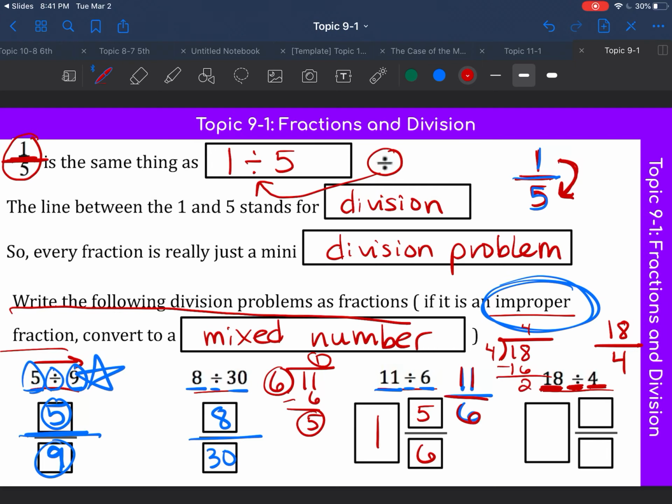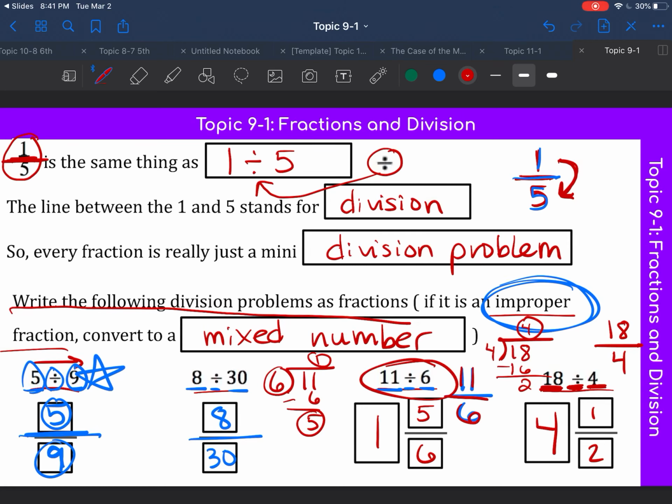Subtract, you get 2. So your answer is 4 wholes and 2/4. However, we can simplify 2/4 into 1/2.